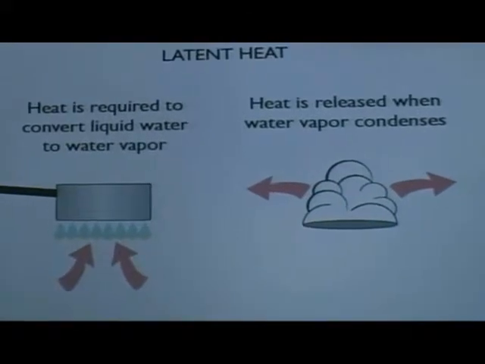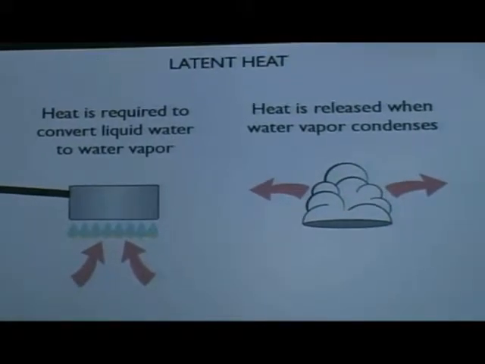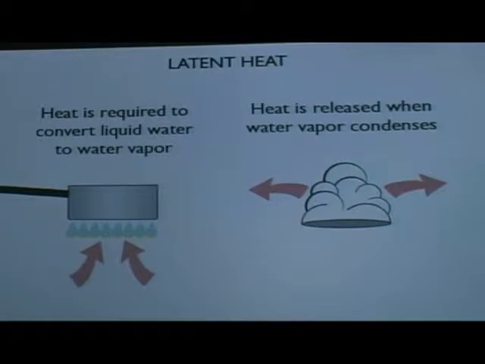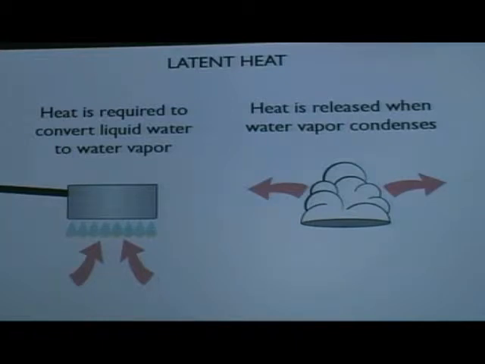So if I had a pan of water and I want to turn liquid water into water vapor, I have to add heat to it. That heat heats up the water, and it eventually turns into steam. Excuse me, it does not turn into steam, it turns into water vapor. Big difference. It dissolves in the air basically.